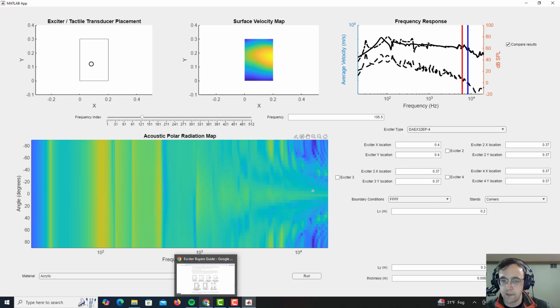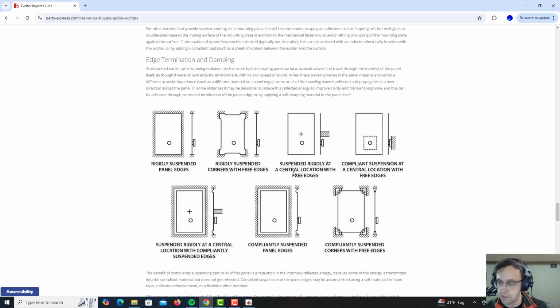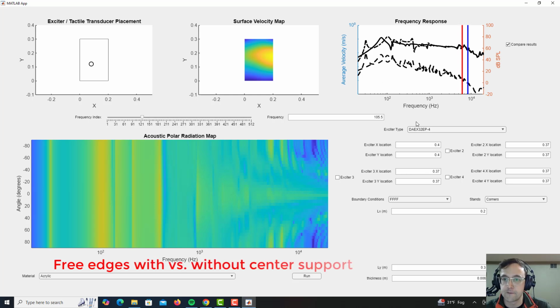All right, so the last comparison I want to do is between the compliantly suspended corners with free edges and the suspended rigidly at a central location with free edges. So for that, I'm going to redo the totally free simulation so that we have a baseline.